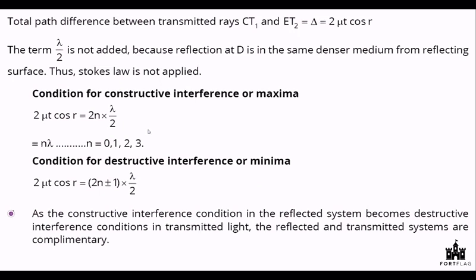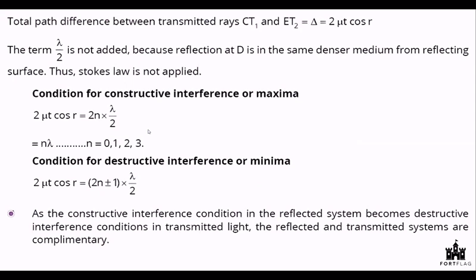Here the lambda by 2 term is not added because the reflection is in the same denser medium, so Stokes' law will not be applied here. You can observe this condition, and the condition for destructive interference becomes 2 mu t cos r equal to (2n plus or minus 1) lambda by 2.